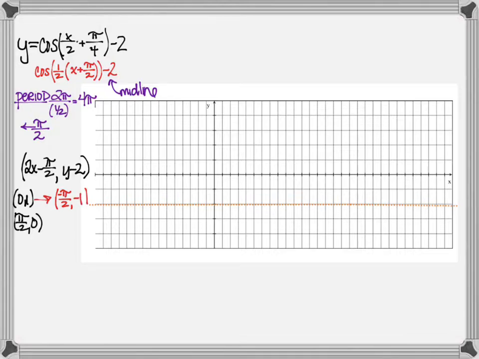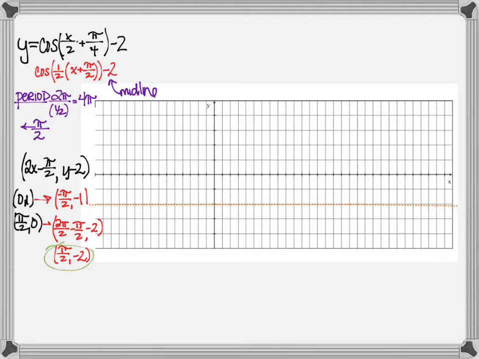Hopefully everything's going good there. And then pi over 2, 0 would be, I'm going to kind of take my time and write this one out. So we'd have 2 pi over 2 minus pi over 2. So it looks like we'll be at pi over 2, -2. And made sense with what I was saying before.